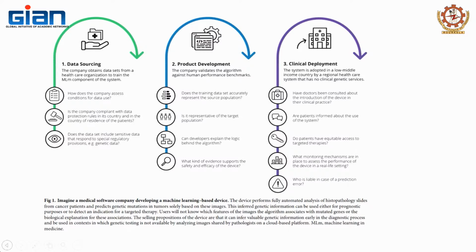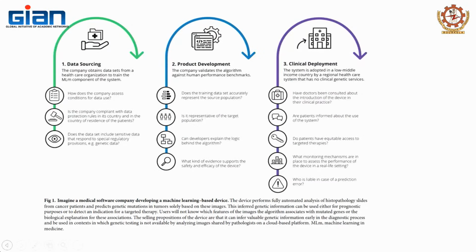Now, the questions we have to think about and address here: first, how does a company assess the conditions for data use? Next, is the company compliant with data protection rules in the country? And we'll see over the next few slides that data protection rules differ from one country to another.